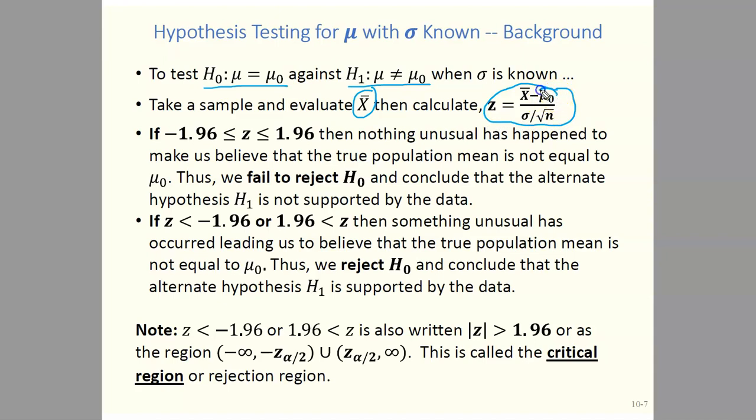Notice we have the mu naught right here, and the population standard deviation is right here, and that is your sample mean and your sample size, n. Now, if this test statistic, that's what we call it, falls between negative 1.96 and positive 1.96, then nothing unusual has happened to make us believe that the true population mean is not equal to mu naught, because this is what we would expect 95% of the time if the population mean really is mu naught.